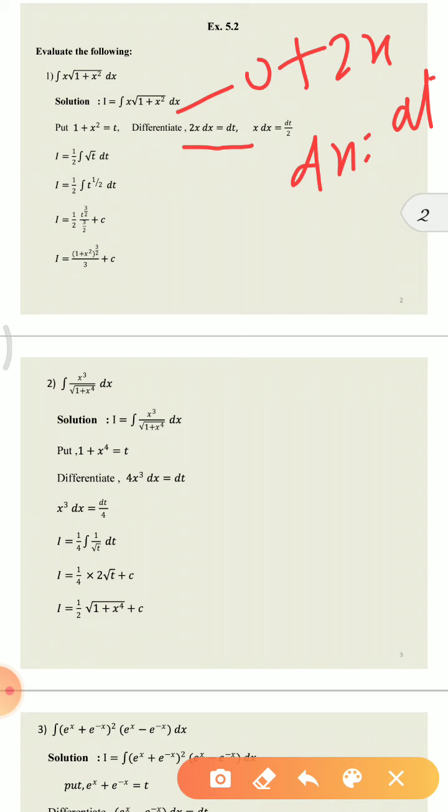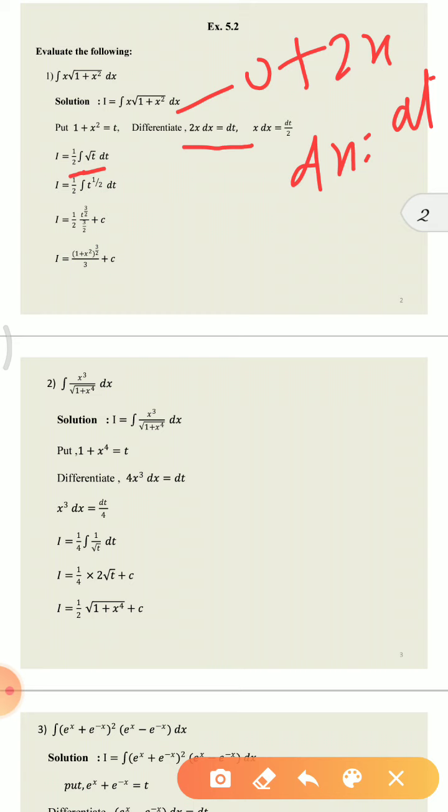Shifting this, we want only x dx, that is dt by 2. Then the new integration is formed: I is equal to 1 by 2 integral root of t dt.